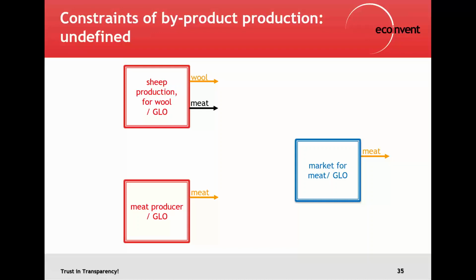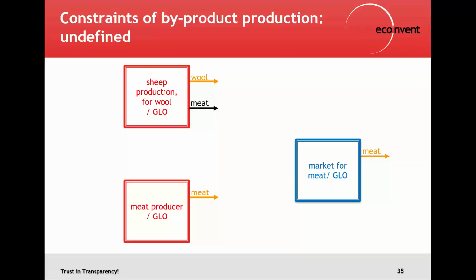If the consumers of meat would demand more meat, the wool producer will not be able to react to that. The wool producer will only be able to react to changes in demand of wool, which is its reference product. The activity that will be able to react to changes in the demand of meat will be the meat producer. That's the one producing meat as the reference product.